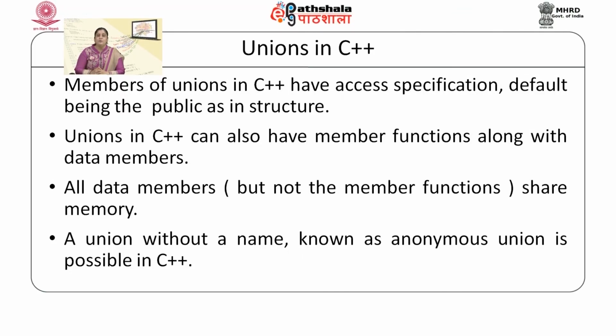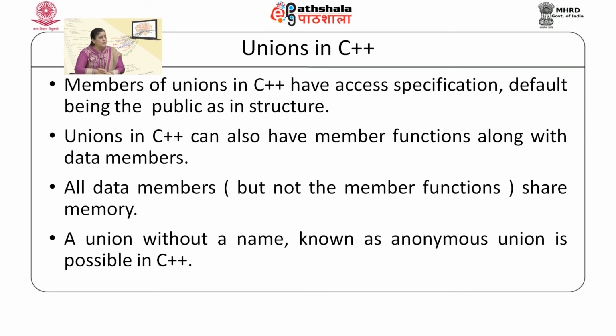All the members of the union will share the memory, but the functions will not share the memory, and you can very well understand that the functions do not vary from the instance of union. Therefore, the functions do not share the memory, but the data members will be sharing the memory.